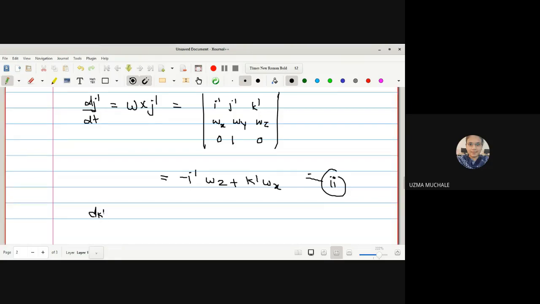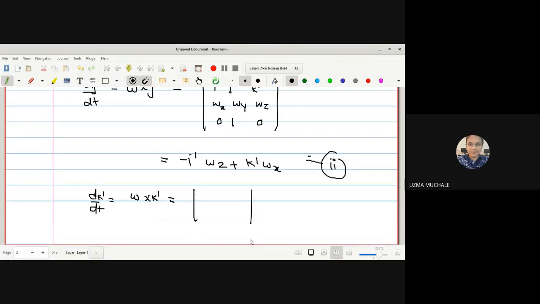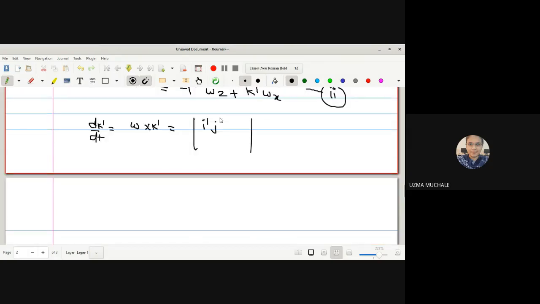Let me find the derivative of k' with respect to t, which is equal to w cross k', which is i', j', k', and here it is the unit vector in the z axis, so it will be 0, 0, 1. Using this and solving this determinant, I will get the value of this term as i' wy minus j' wx. So this is equation 3.